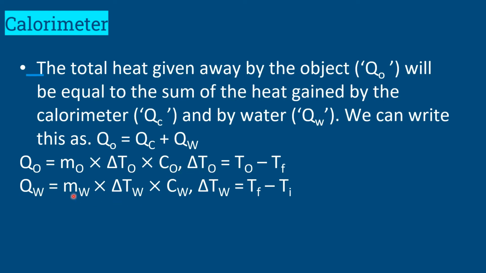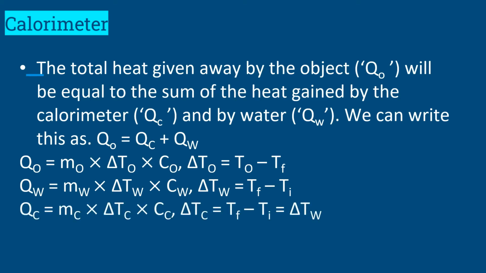So let's continue. We get delta Tw, that is change in temperature of water, into specific heat of water. Let's calculate similarly for Qc, that is calorimeter: mass of calorimeter, temperature change in calorimeter, into specific heat of calorimeter. Now we know that Qo is equal to Qc plus Qw.